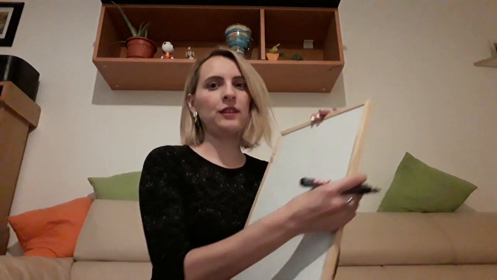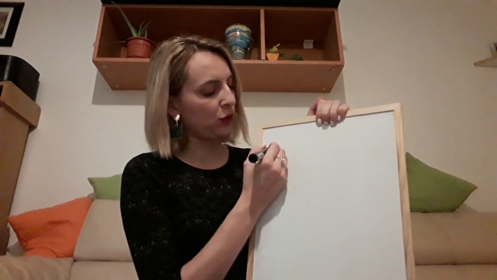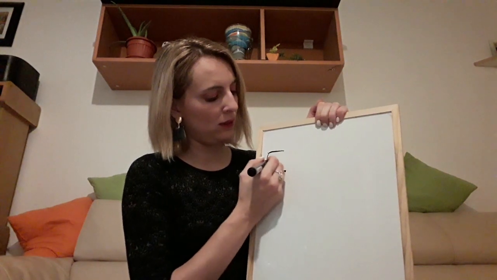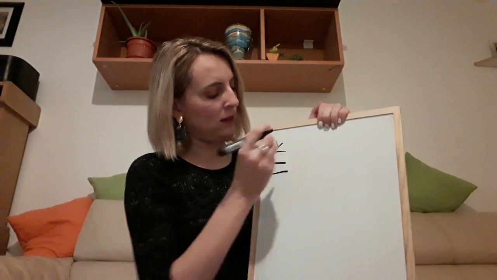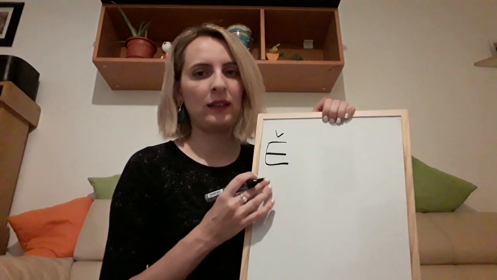Then we have a little bit different letter, and this letter, in the way it's written, for example, doesn't exist in Croatian, but it exists in the way it's pronounced. But when I see this letter, I know how it's pronounced because I learned it. So also e, but it looks like this.